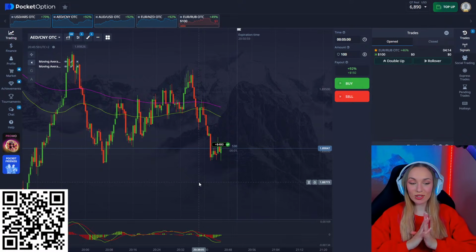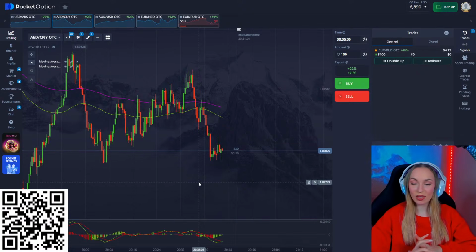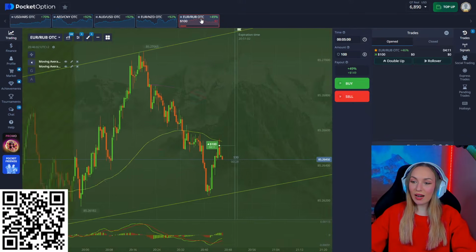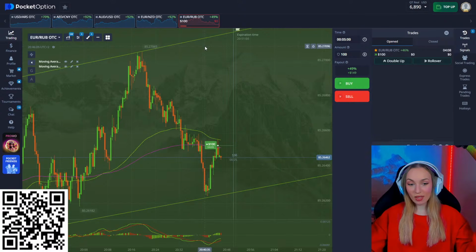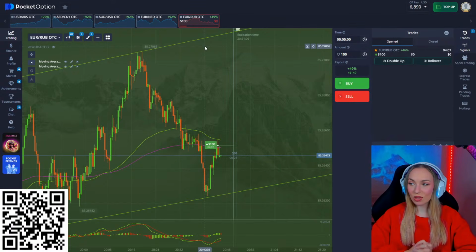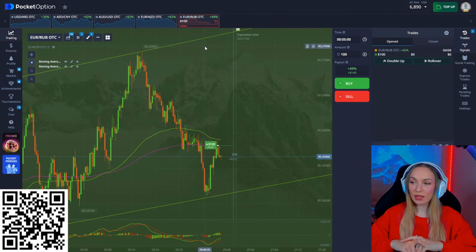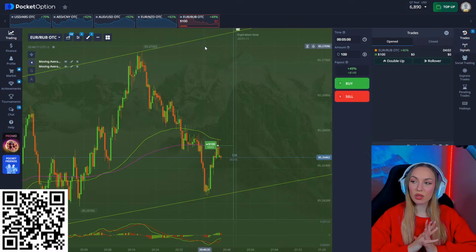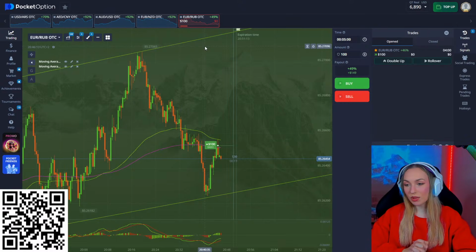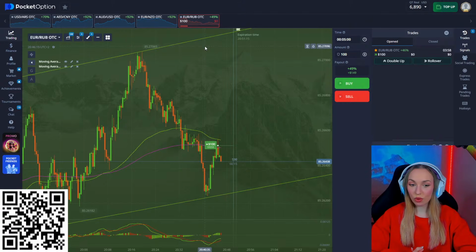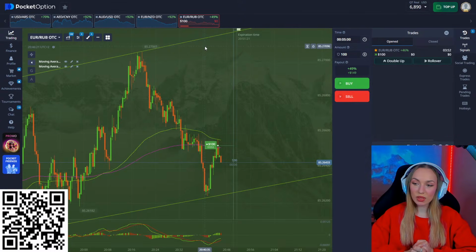$480. Congratulations to everybody, guys, who opened this trade with me, and congratulations to me that I found a really nice trade. I put a little bit more money than I usually put. Usually I open the trades with $100, but because I opened 2 trades that were not profitable in a row, I decided to increase the amount a little bit. But guys, don't forget about risk management.